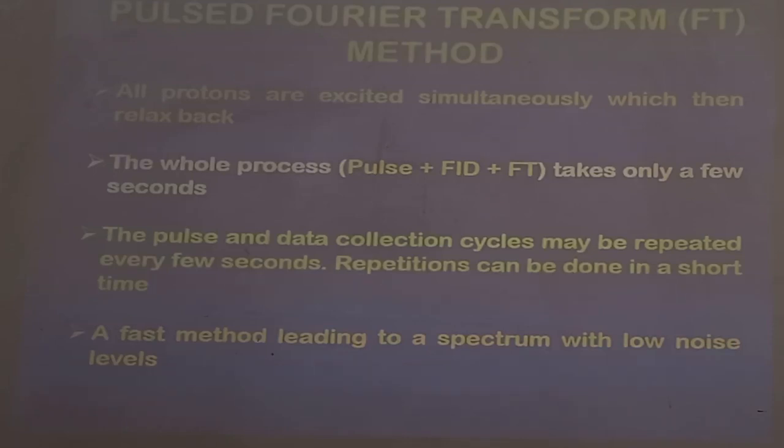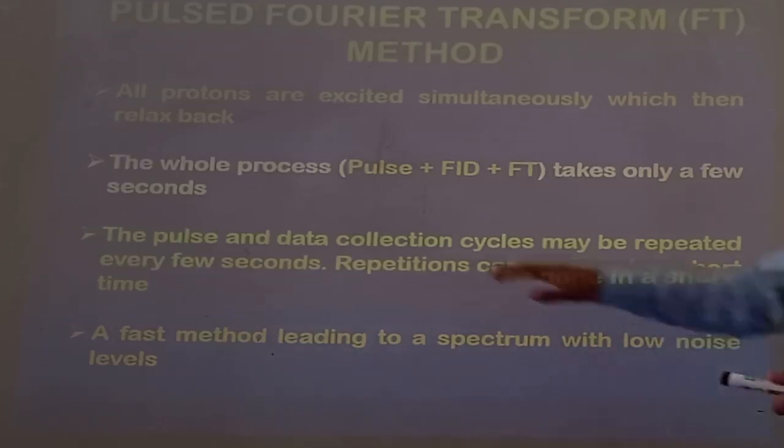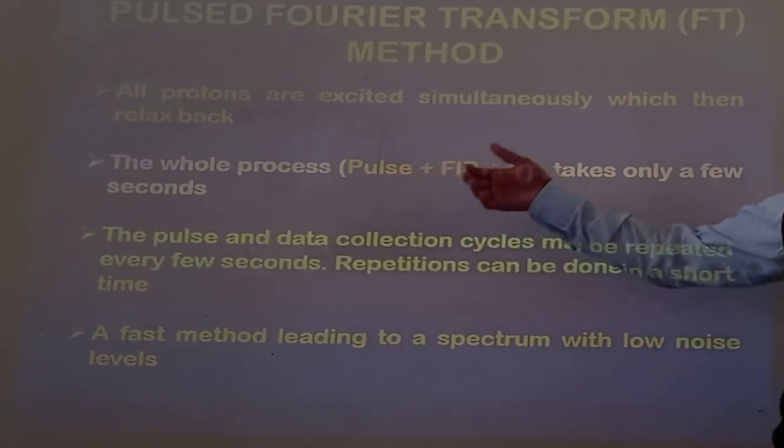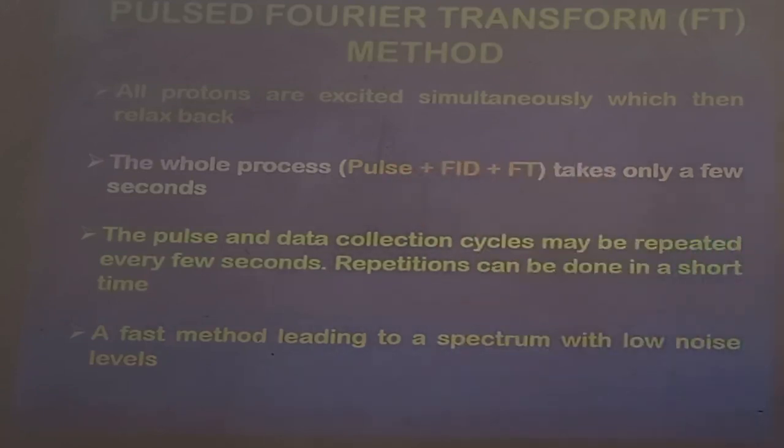So when you give a pulse and excite all the protons and then they relax back, the signal is obtained in the form of an FID, free induction decay. It's a decaying signal, and you will see after a couple of slides that this signal decays with time. So it's a time domain signal.